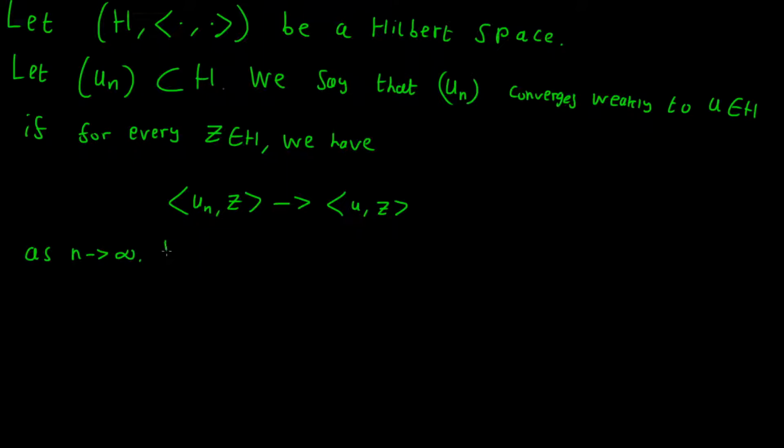And this is written as u_n, and then the arrow with the bottom half missing. So this means that u_n tends weakly to u, or converges weakly to u.